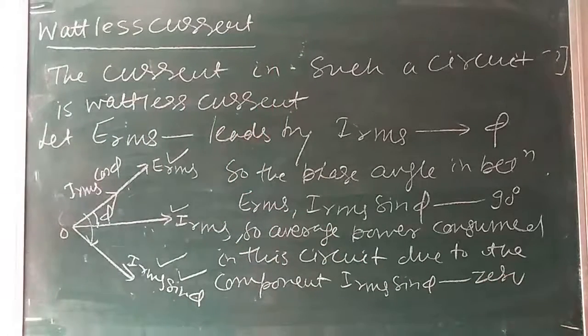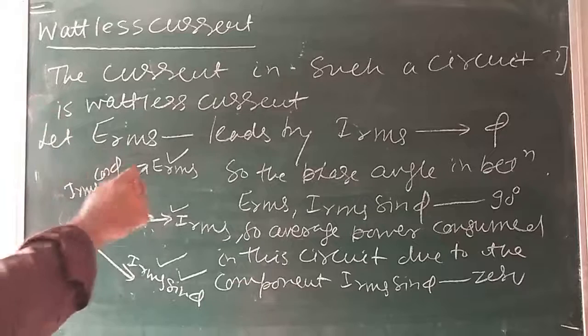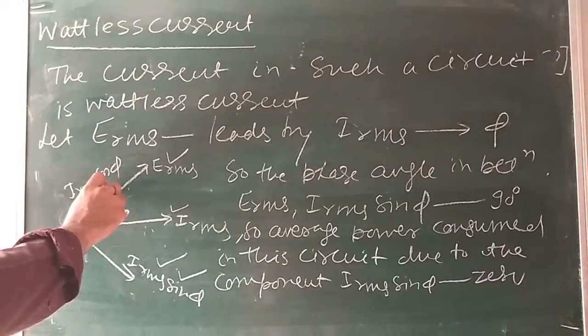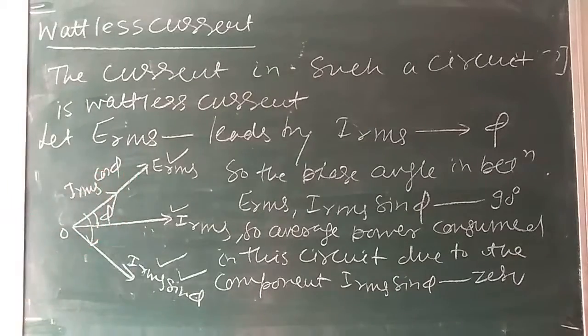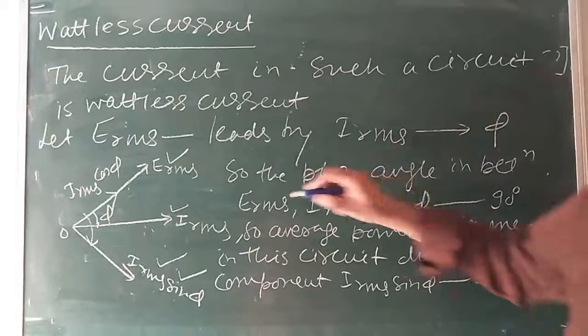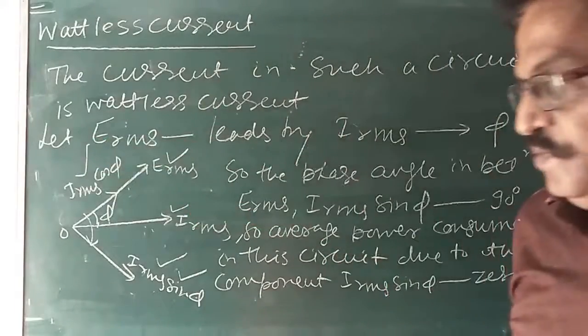It is clear? So the only component IRMS cos phi is actually responsible for the consumption of power in an AC circuit. The consumption of power is only due to this component.